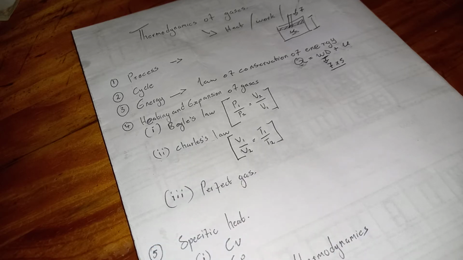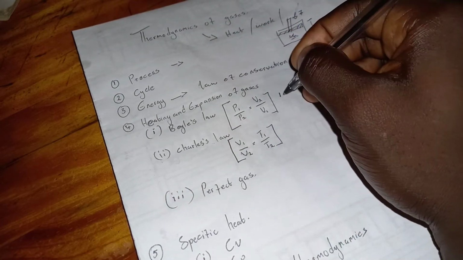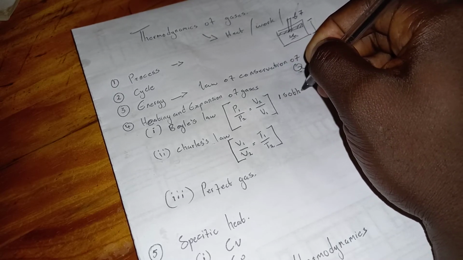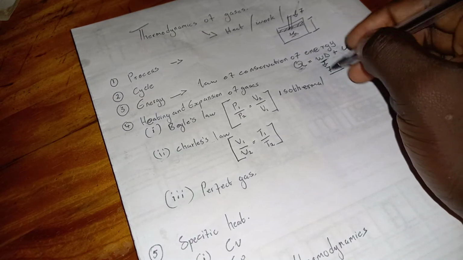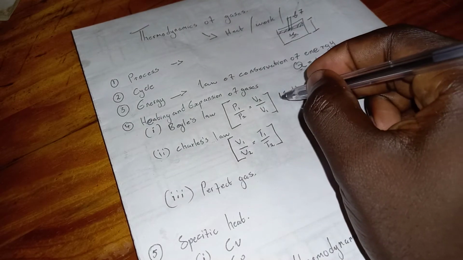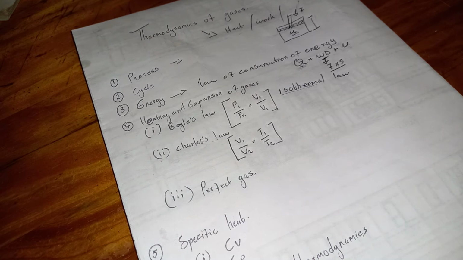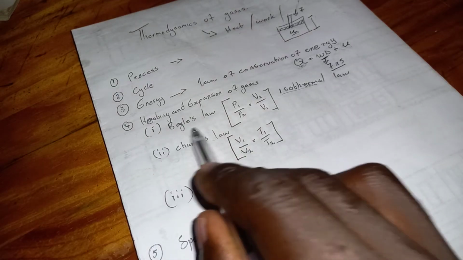Boyle's law is sometimes referred to as an isothermal process. An isothermal process is the change of something by means of operation, and then we have Boyle's law.